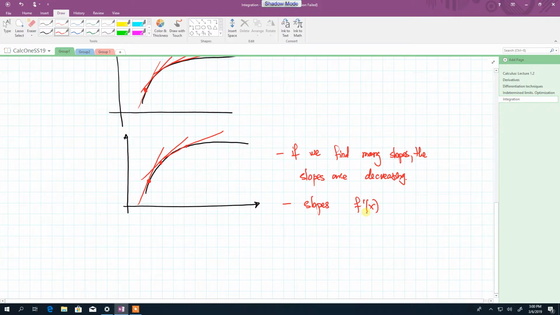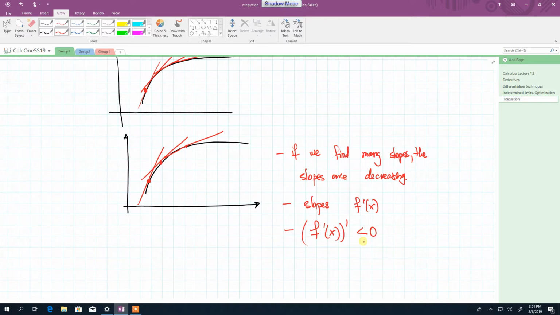So if I find the first derivative, and if I put the points into f prime of x, it gives me the slopes, right? I know that the slopes are decreasing. It means that this function is a decreasing function, right? So f prime of x is decreasing means that its derivative is negative, right? We just learned about this.